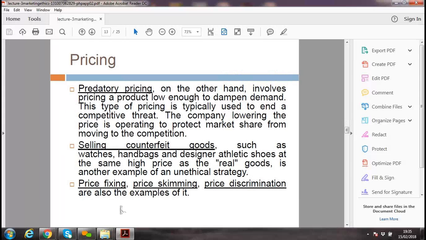Pricing can involve prices that are too low. Dumping. Have we heard about dumping, anti-dumping? No, sir. Okay, like a lot of Chinese companies in different parts of the world, some products they are selling for less than the cost. Even though it costs them more in China, they sell in other markets cheaper than, even lower than, the cost.